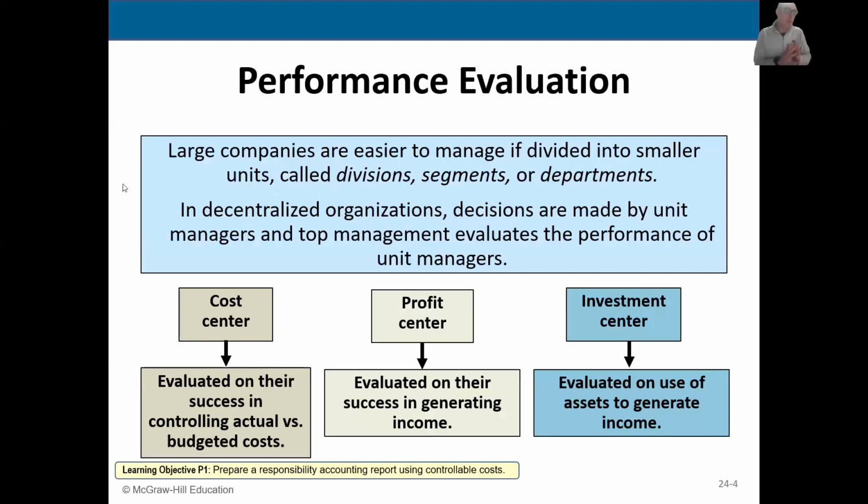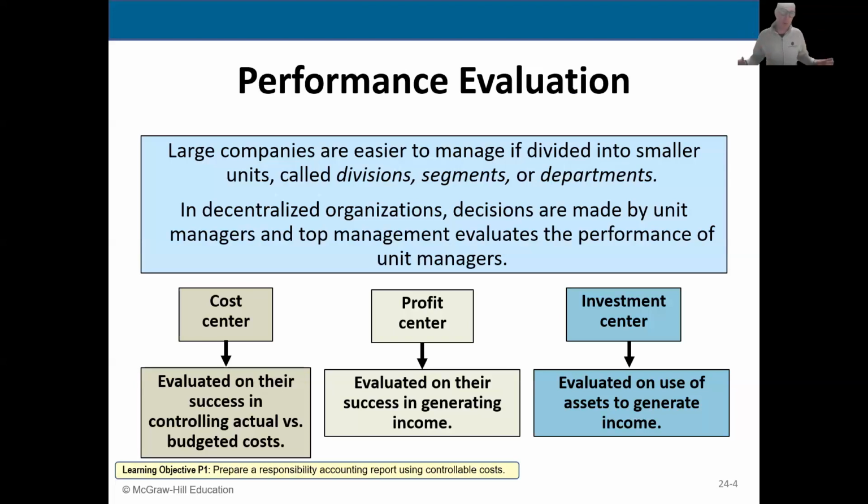So, as a manager, I evaluate the performance of my company by looking at the costs, profits, and investments that I make. I look at the company overall, but I divide the company into these three areas in order to better understand the overall performance.